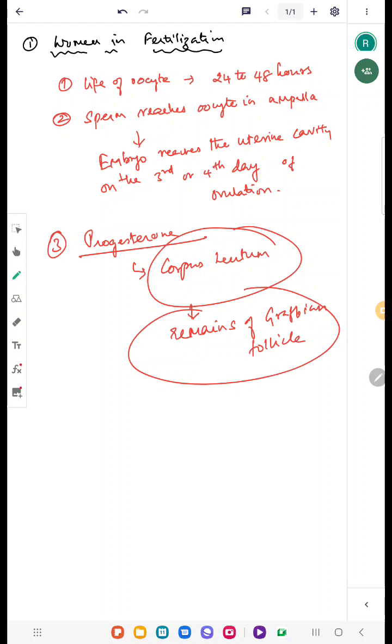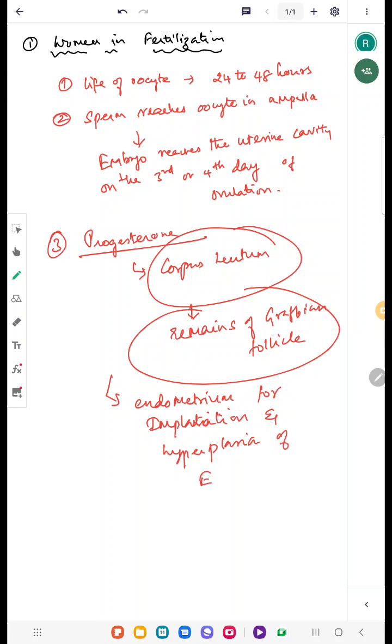This corpus luteum secretes progesterone, and it prepares the endometrium for implantation and results in the hyperplasia of the endometrium. This hyperplasia of endometrium is done by estrogen. The progesterone is responsible for the secretory endometrium, and the estrogen is responsible for the proliferative endometrium.